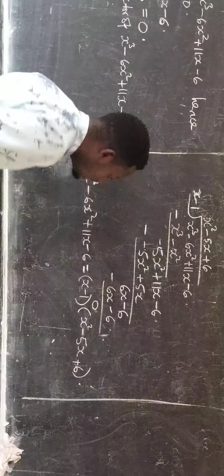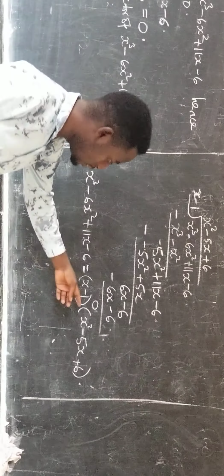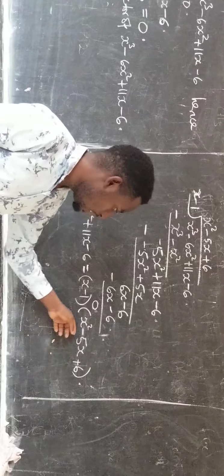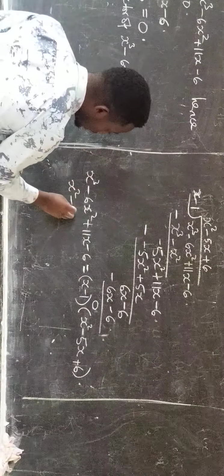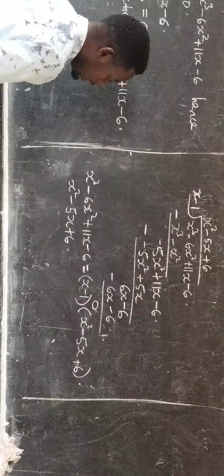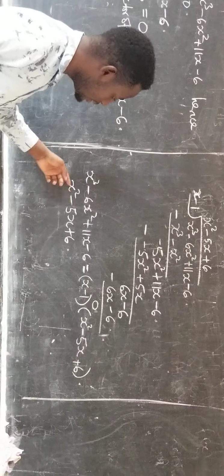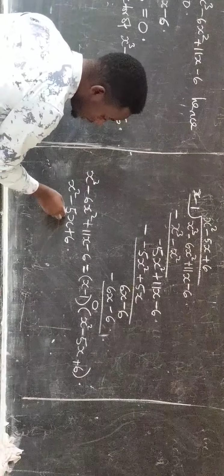I have factorized, but I have not factorized it completely. I need to factorize more the quotient. So the quotient is x squared minus 5x plus 6. Now, I need to find those numbers such that if I add them, I get minus 5.